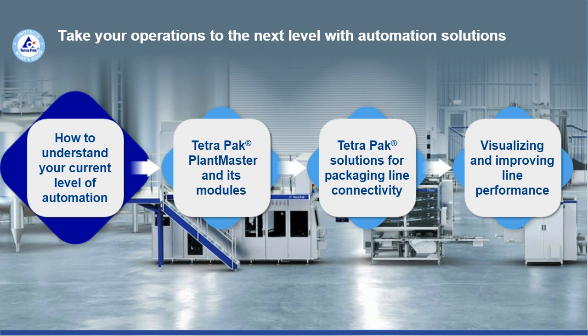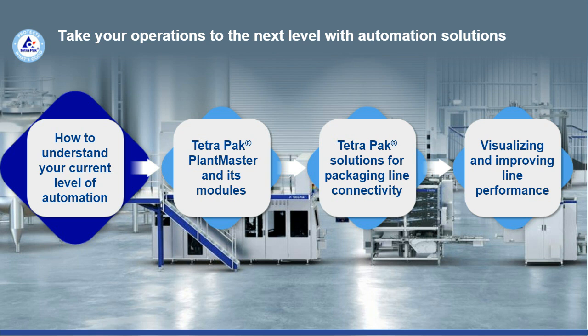Next area is a Tetra Plant Master solution, which helps to plan, manage, and control production efficiency. Then we highlight the importance of connectivity of the packaging lines. At the end, how you can get the most benefits from the connectivity and to visualize and improve line performance.